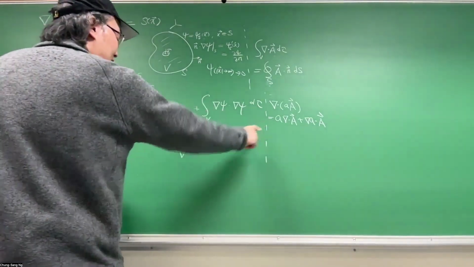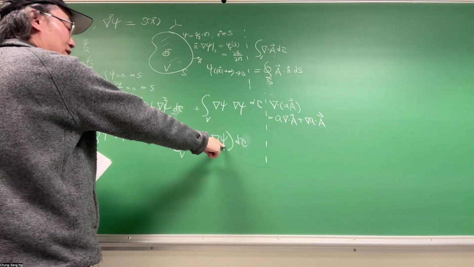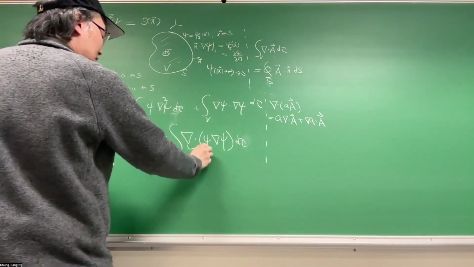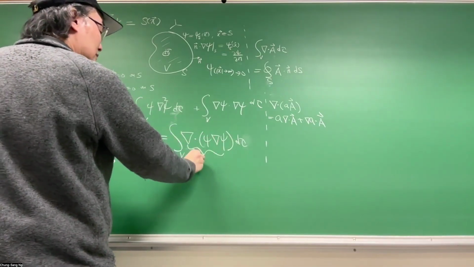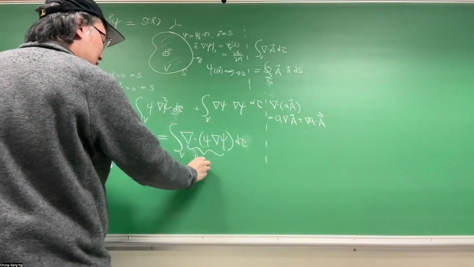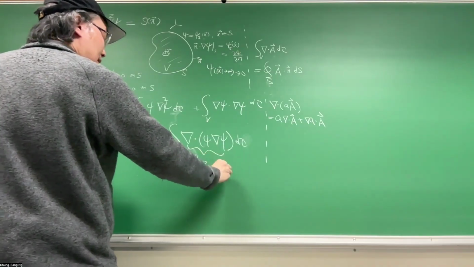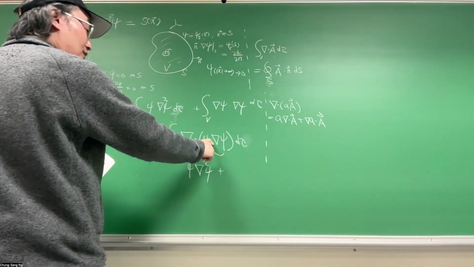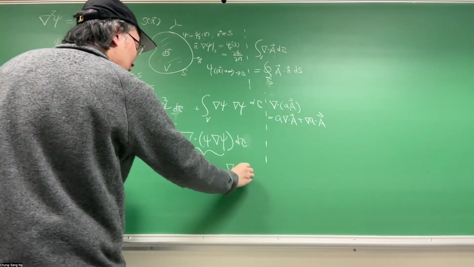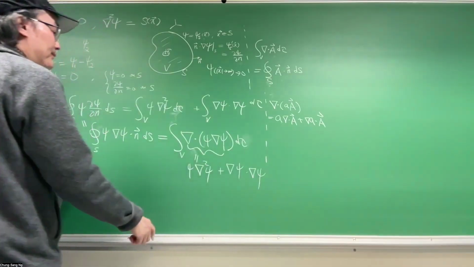So now you can apply that. This is the scalar, little a. This is the vector, capital A. So this one equals psi times the divergence of the vector, which is the divergence of the gradient, which is the Laplacian, plus the gradient of the scalar, which is grad psi, dotted into the vector grad psi.